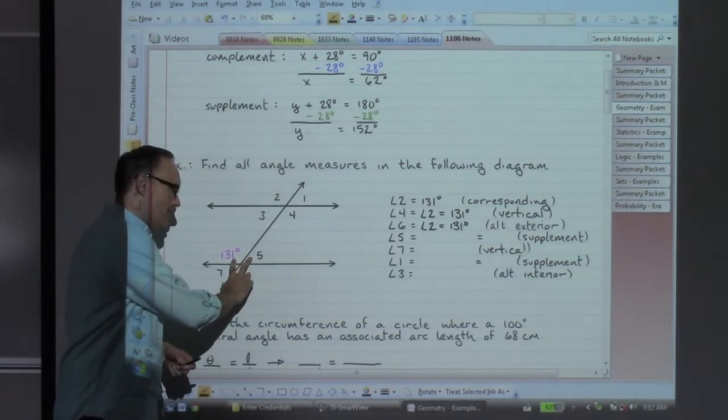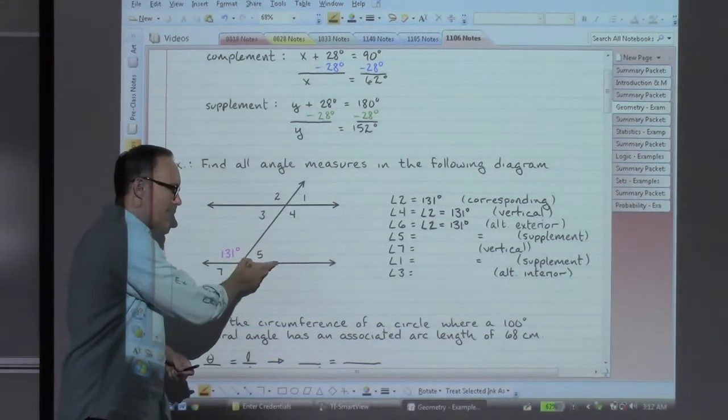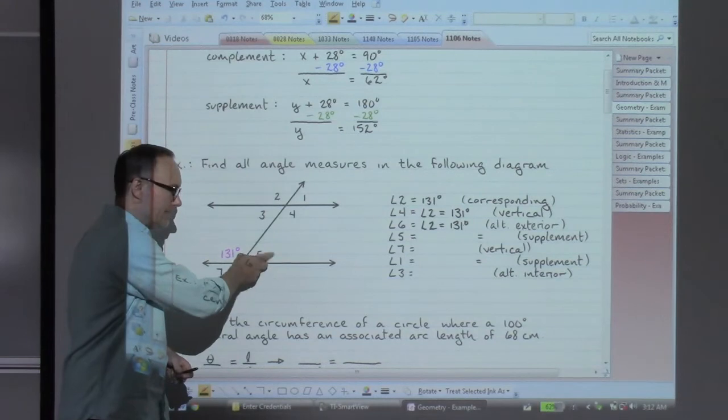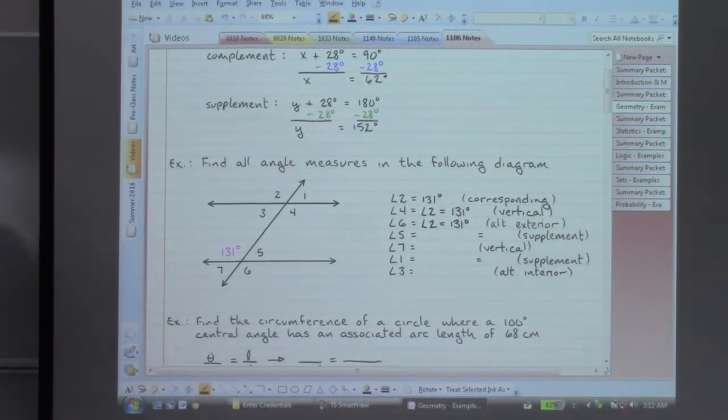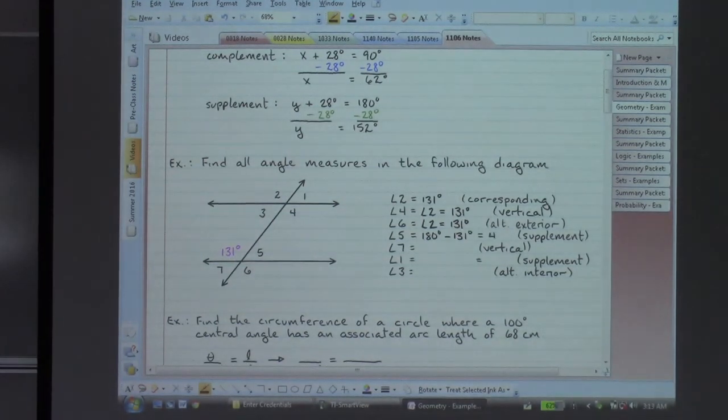If we've got the 131 degrees and angle 5 adding up to 180 degrees, that straight angle as it's called alternately, then angle 5 can be calculated based on 180 degrees minus 131 degrees, giving us angle 5 is equal to 49 degrees. And then immediately from there, vertical angles tell us angle 5 and angle 7 are equal. So angle 7 is 49 degrees.